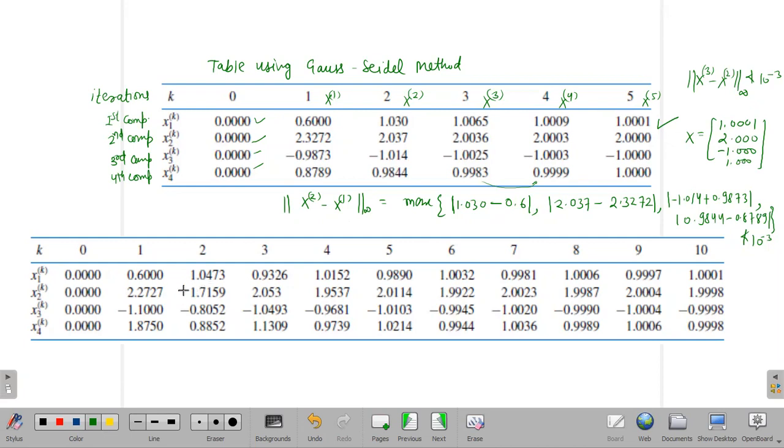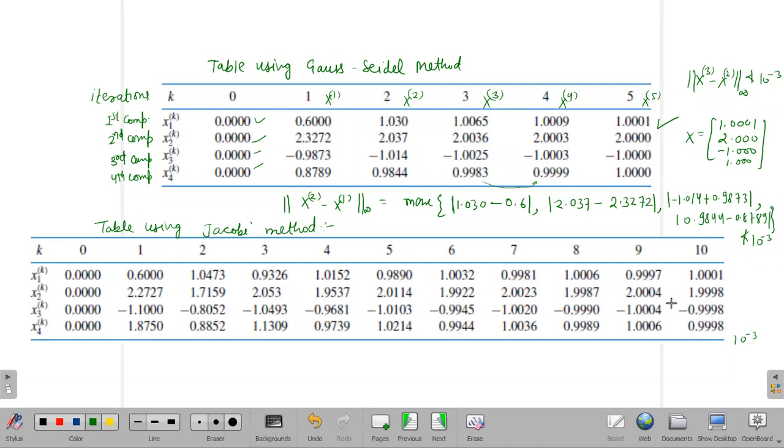But in the same question, if I use the Jacobi method, this is the table using Jacobi. With the same accuracy, that is 10 to the minus 3, you have to perform 10 iterations of the Jacobi method. Still, you are not getting 2.00, you are getting 1.999 and 0.999.